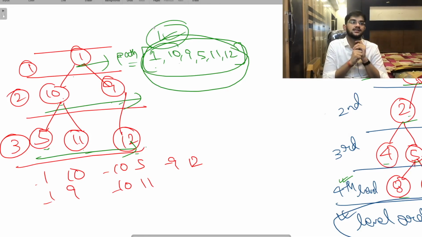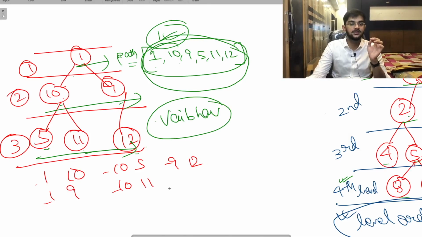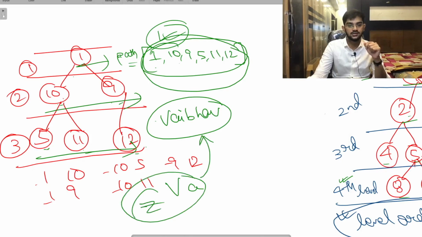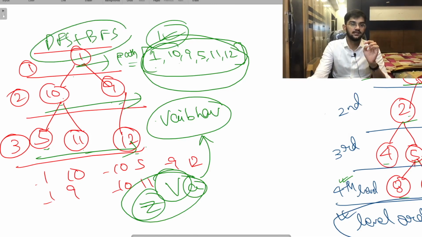For example, if I ask you to write your name, I am writing my name here, it's Vaibhav. But would I be able to write my name if I don't know the letters of the alphabet? If I don't know V, if I don't know A, then no. So these are the basic building blocks. In this case, our building blocks are DFS and BFS. That's something you have to understand.